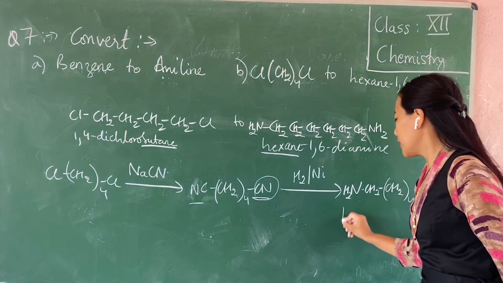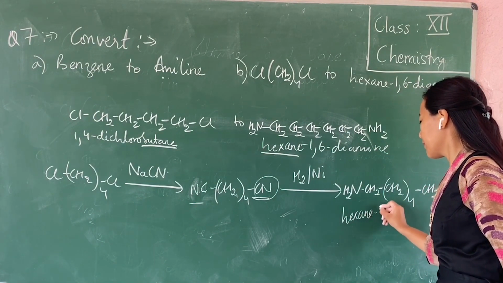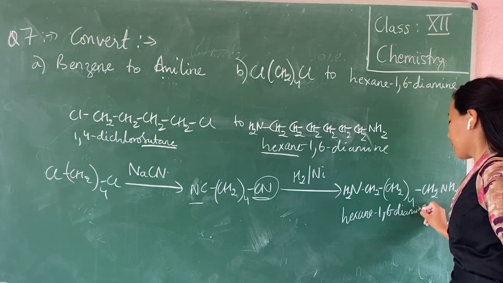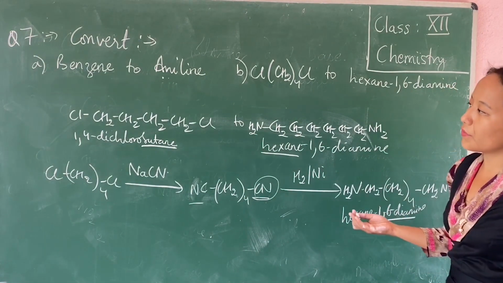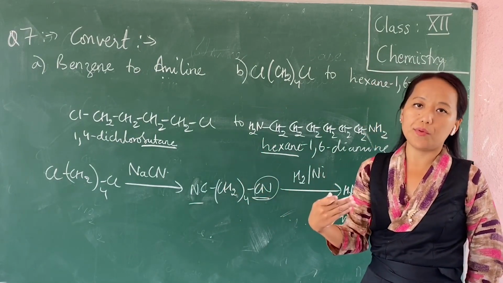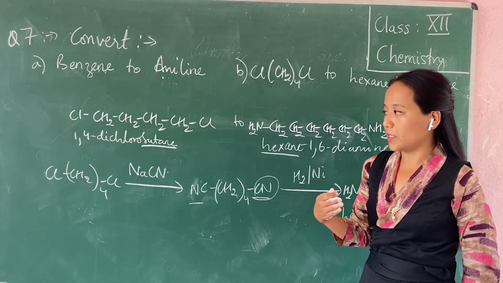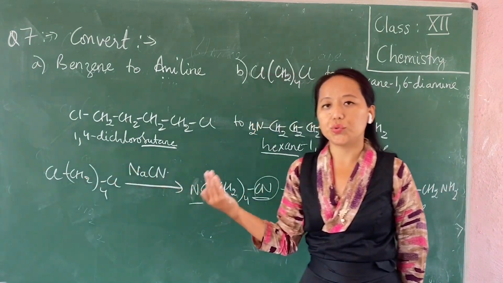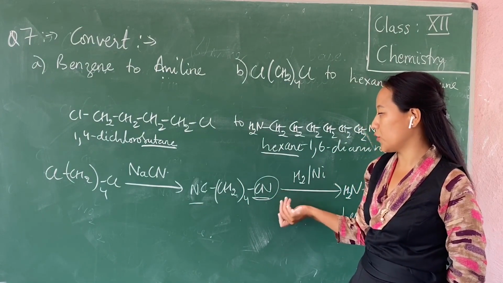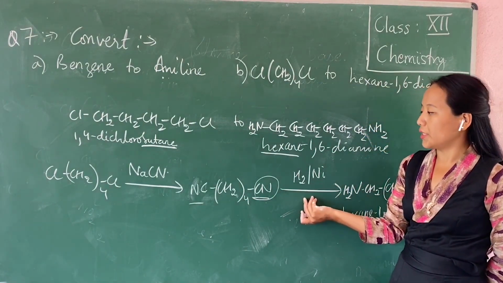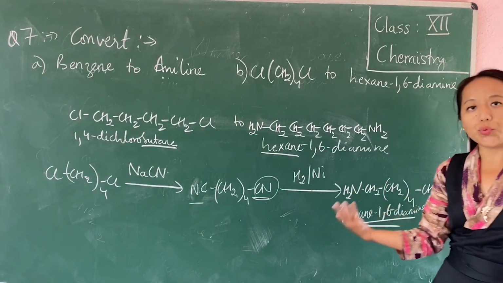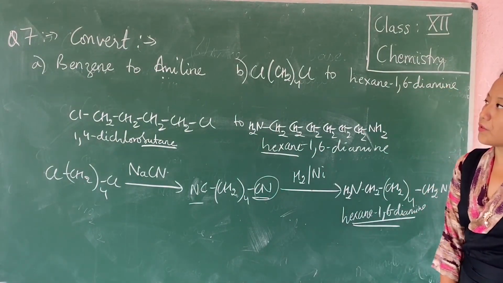This is your hexane 1,6-diamine. So that's how you convert a less carbon atom compound to a more carbon atom compound, by first converting the chlorine atoms to the nitrile groups. Once you get the nitrile groups, you can carry out reduction of nitriles with the help of hydrogen in the presence of nickel as the catalyst, and you get your product containing 2 more carbon atoms. So that's about this conversion.